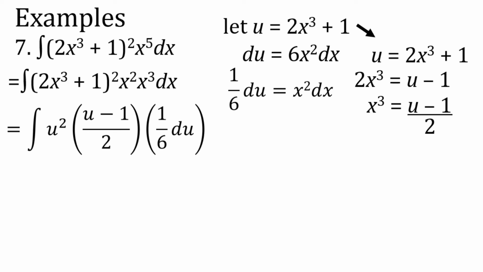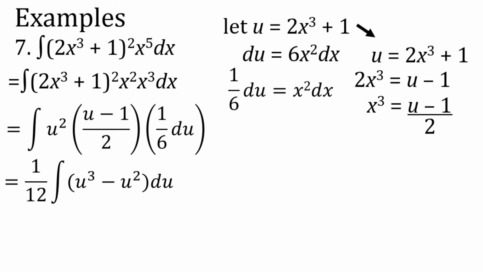Our x squared dx became 1/6 du. So actually we have 1/2 here and then 1/6. 1/2 times 1/6 is 1/12. Let us put 1/12 outside the integration symbol. So this will become 1/12 times the integral of u cubed minus u squared du.